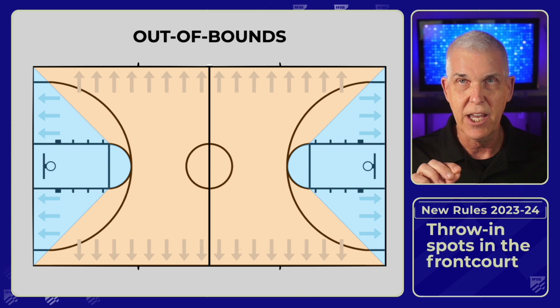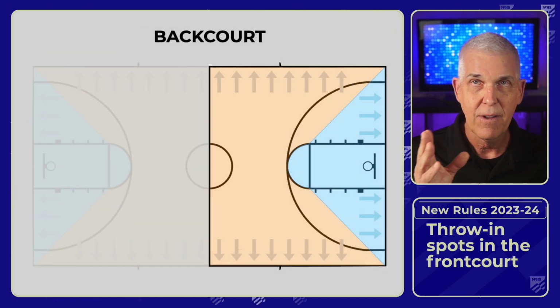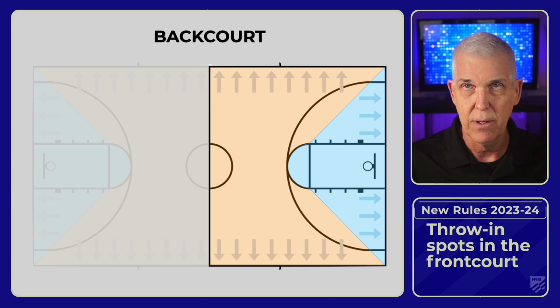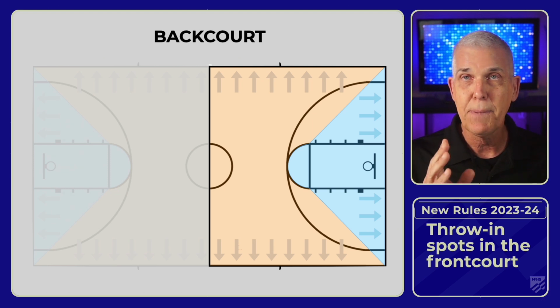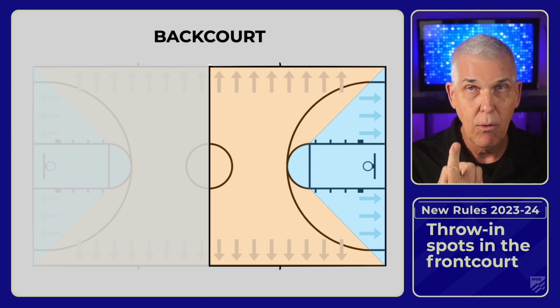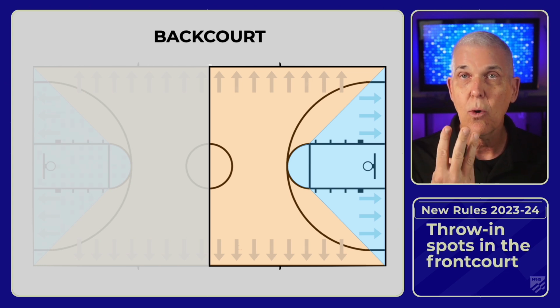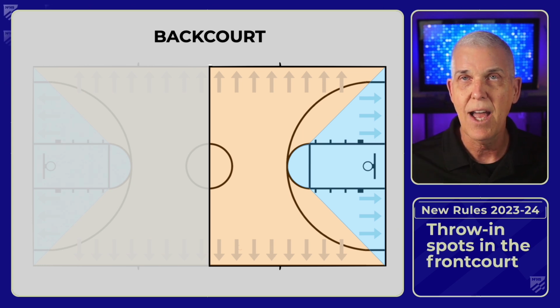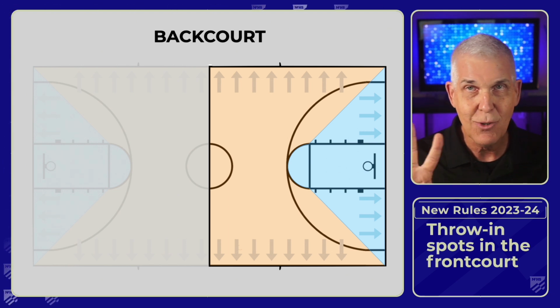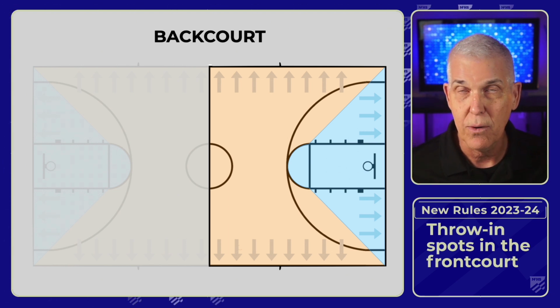Simple, straightforward, no change. If the resulting throw-in will be in the team's backcourt, it will always be at the spot nearest the foul, the violation, or where the ball was when play was stopped. Spot nearest. We're not using the 4 spots when it comes to the backcourt.